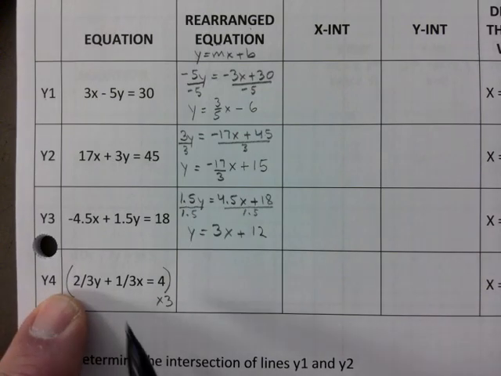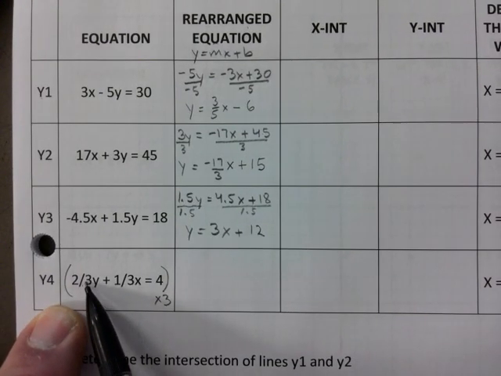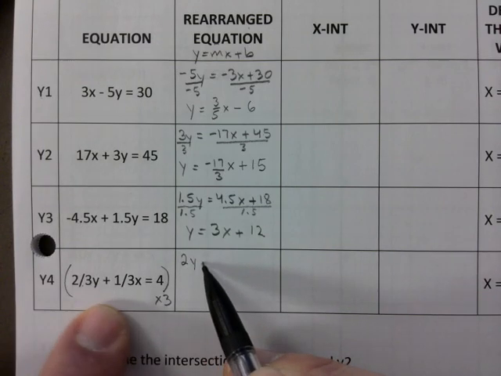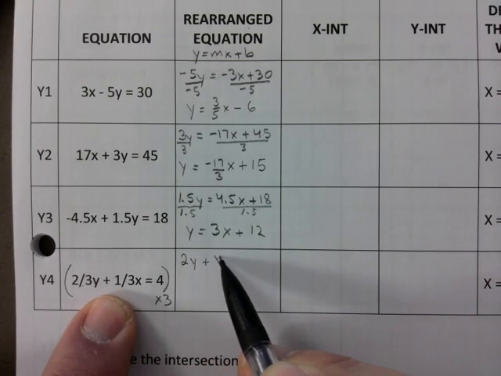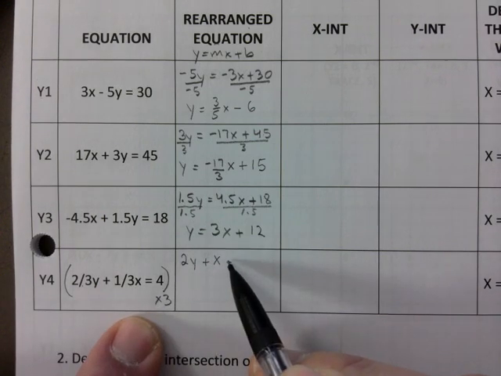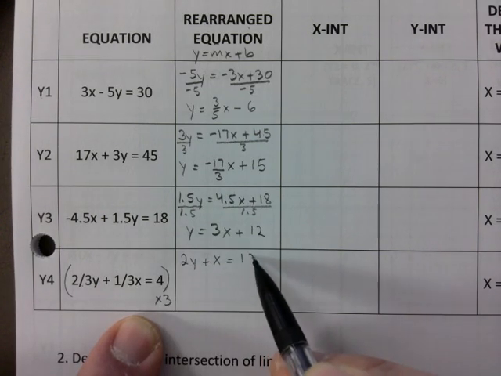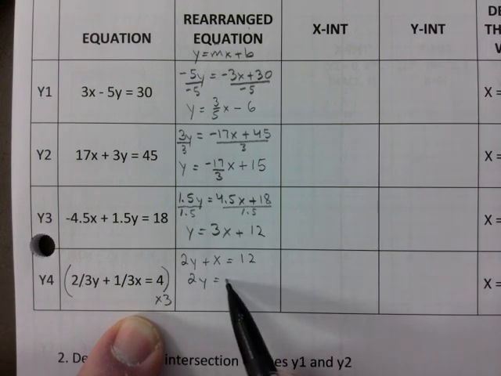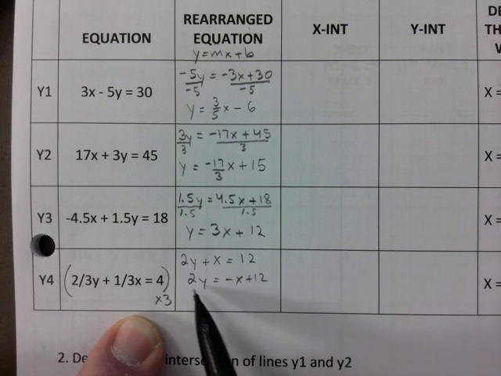And that essentially, all the thirds get taken off. So it's 2y plus just x, because the third cancels out with this 3. And then it's 4 times 3, which is 12. So 2y is equal to negative x plus 12.